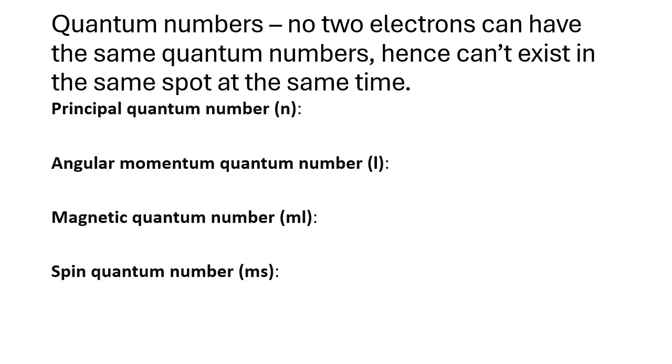So if we picked 4s1, principal quantum number, how far it is from the center. You know from the last part that the front number determines how far it is. The angular momentum is the shape. Remember, S is 0, P is 1, D is 2, F is 3.